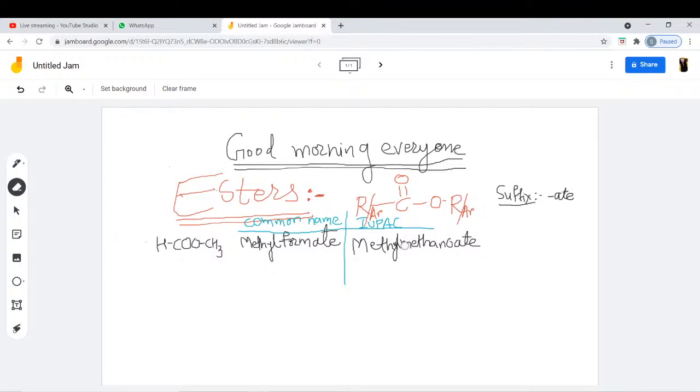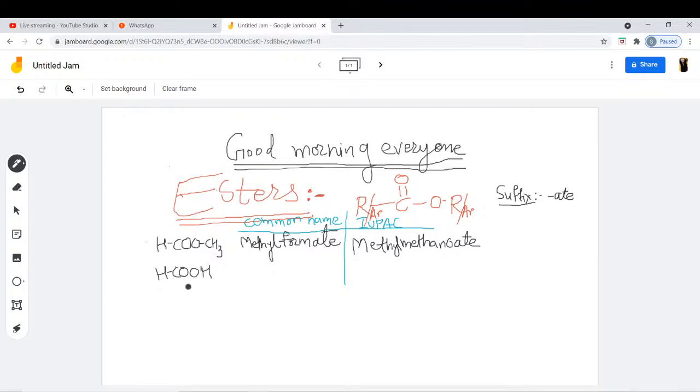Methyl methanoate. Next, taking another example, HCOOH.